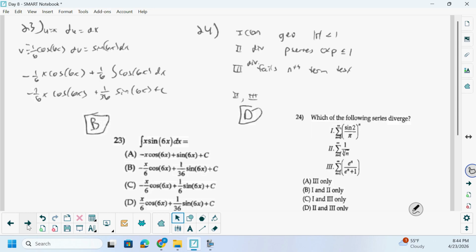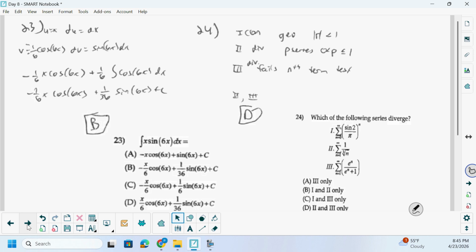In 24, the biggest the numerator could be if you have a sine is 1. So we know that sine of 2 over pi has to be less than 1 because it's something at most 1 over 3.14. So that's a geometric series with absolute value of r guaranteed to be less than 1. So that's converging.